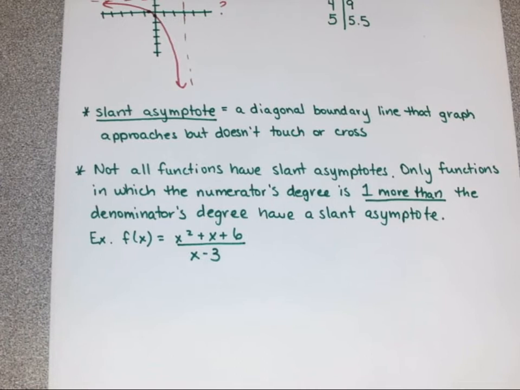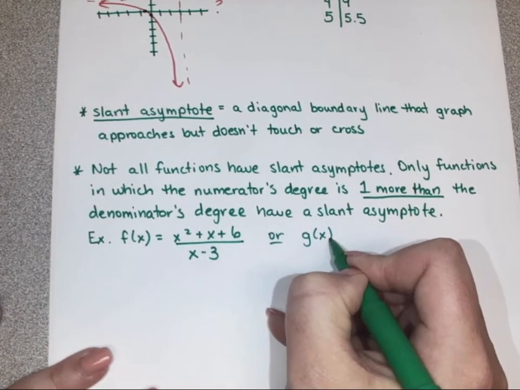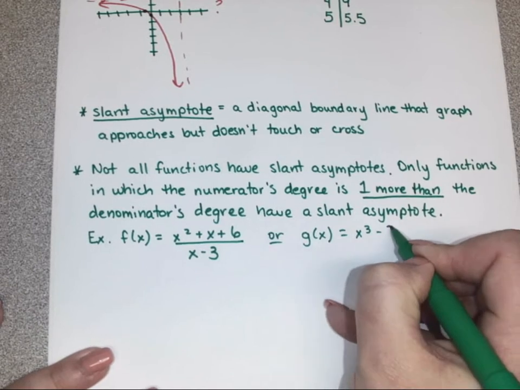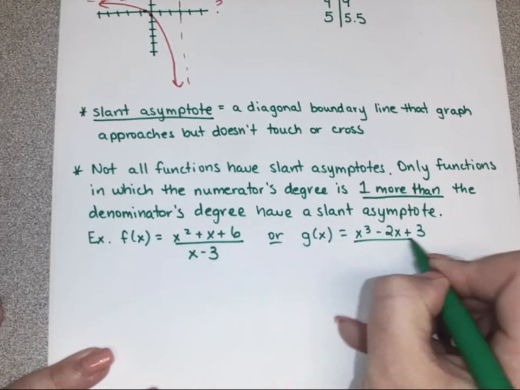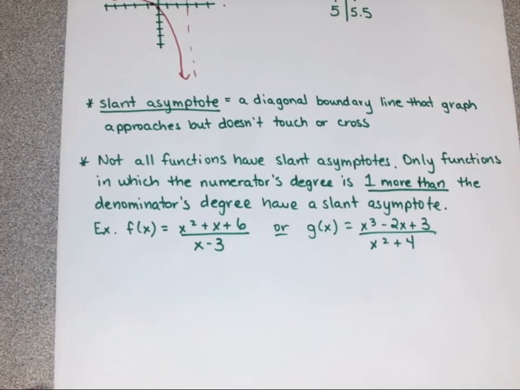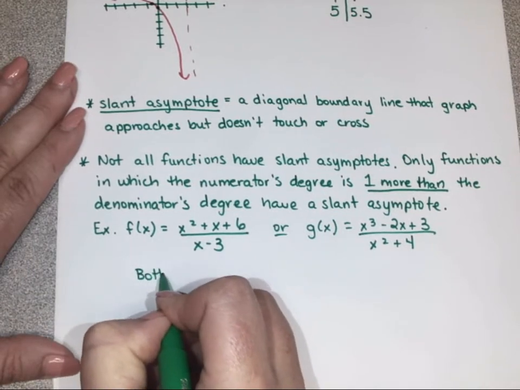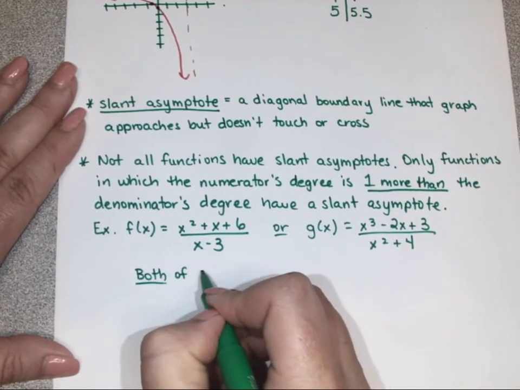Notice that it's one more, okay? Also, something like this would have one: x cubed minus 2x plus 3 over x squared plus 4. Anything where the power on top is 1 more than the power on bottom, okay? So I'm just going to say both of these have slant asymptotes.